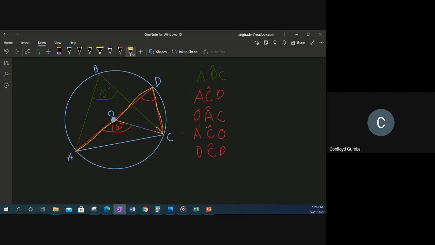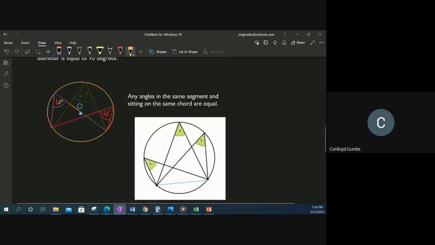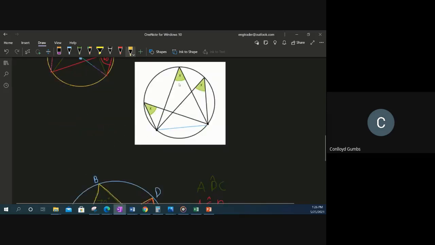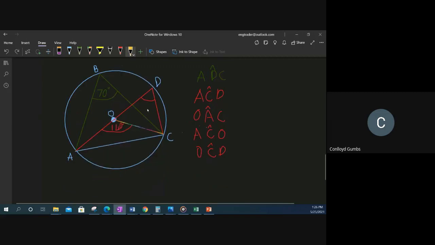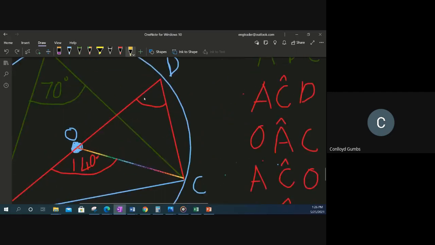This angle here, as well as this one, the green one, both of them are sitting on this AC. So essentially, it's one of these, which means these here would be the same. So I know from that this here is 70, so that means right here has to be 70 as well.